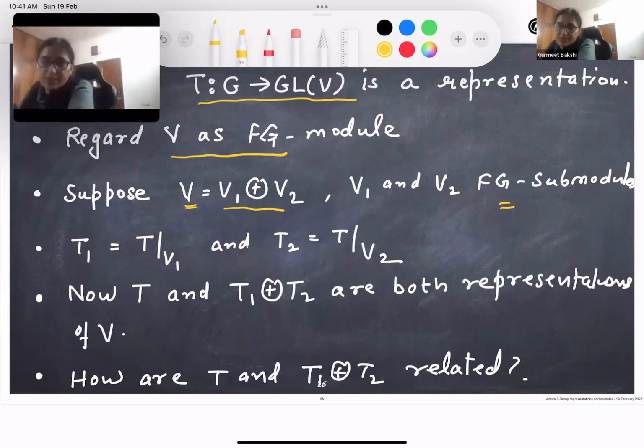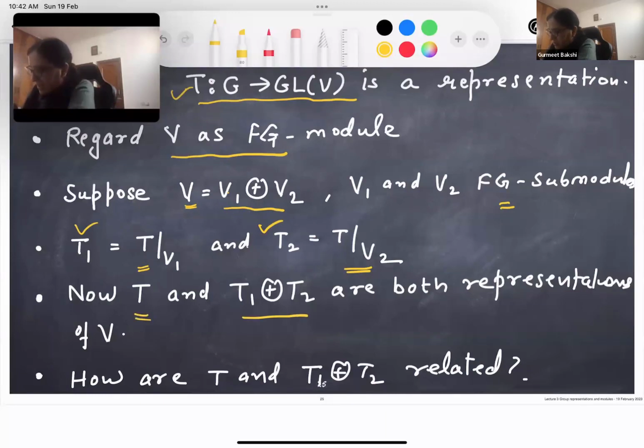V2 is also T invariant, as I said in the correspondence, that V1 is an FG submodule of V will mean that V1 is a T invariant subspace. Therefore, you can talk of the sub-representation of T, the restriction of T on V1 and the restriction of T on V2. These are two sub-representations of T, and these are actually equal.